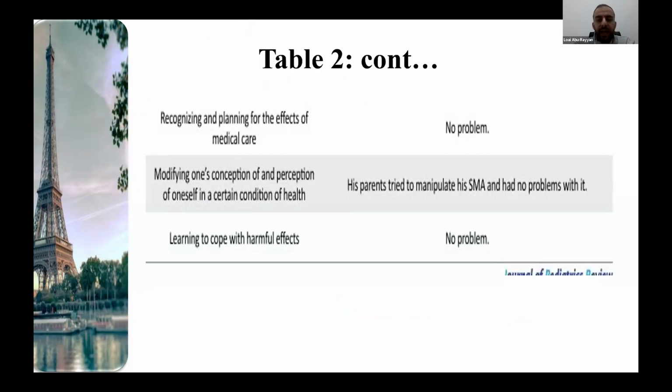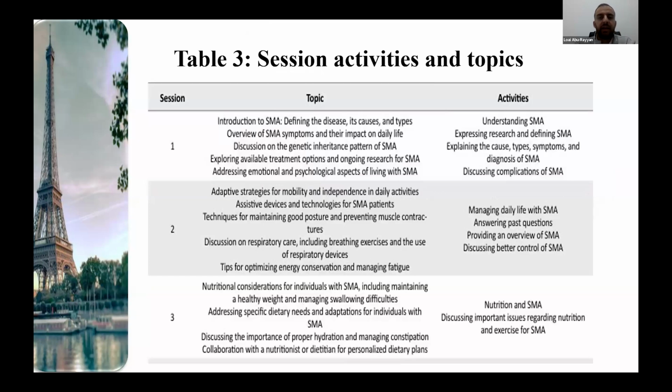Recognizing and planning for the effect of medical care, modifying one's concept of perception on self in certain conditions of health. His parents tried to manage his SMA and had no problem with it. Learning to cope with harmful effects, no problem for the family of this patient.